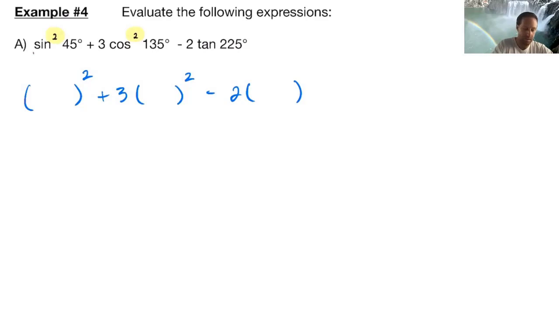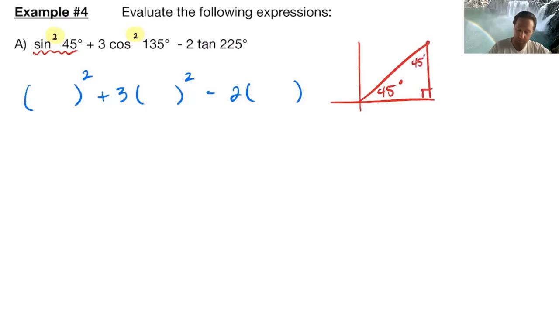So I'll start with the sine of 45. And I'm going to go ahead and draw that over here. Now for this, I don't really need a drawing because I have it memorized. I know the sine of 45 to my reference angle would mean that this is a 1, this is a 1, and that's a root 2 length. And I know sine is opposite over hypotenuse.